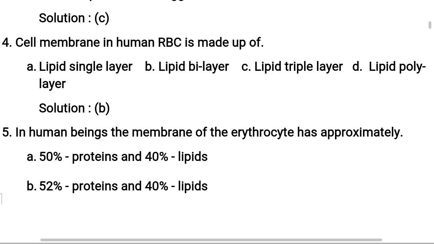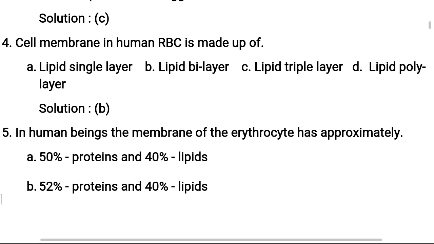So the lipid ratio in RBC plasma membrane or cell membrane is 40%. Understand? So this was brought to light in the 1950s only with the help of the electron microscope, right? So this is a very important concept. The correct answer for this question is option B, lipid bilayer.